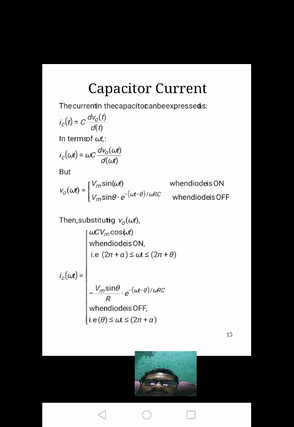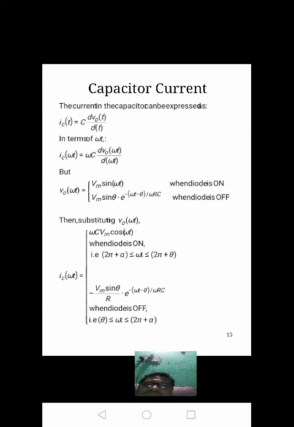Then substituting V0 of omega t, IC of omega t is equal to omega C Vm cos omega t when the diode is on, that is 2 pi plus alpha less than or equal to omega t less than or equal to 2 pi plus theta.